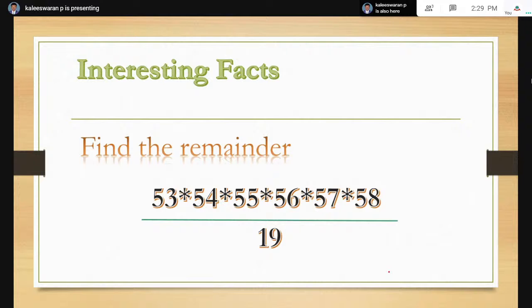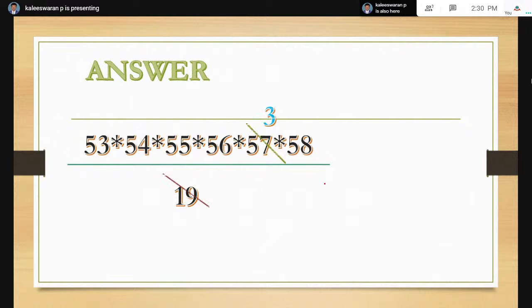By seeing this question, in the traditional mathematical approach, you would try to multiply 53 into 54 into 55 into 56 into 57 into 58. But 1 times 19 equals 19 and 3 times 19 equals 57.